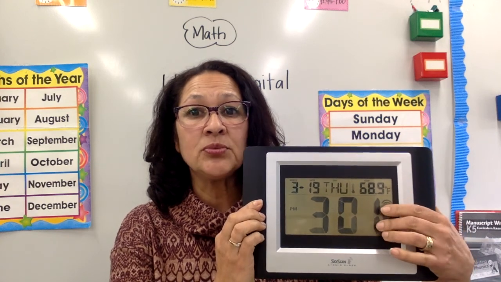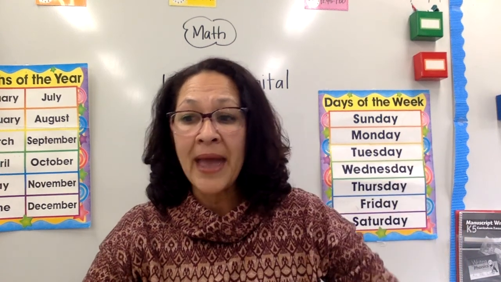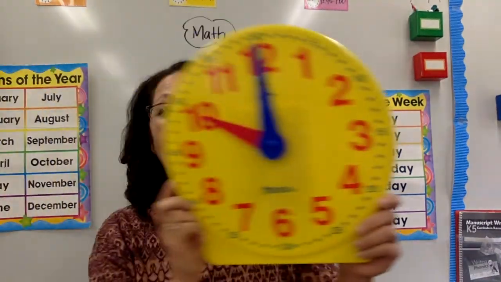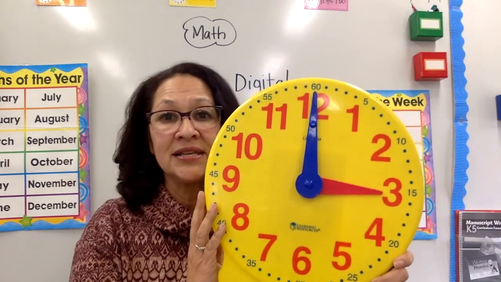But if this was 3:00, then it would match your clock like this. 3 o'clock would match the digital time of 3, and then after the two dots is 00, so it would mean o'clock.